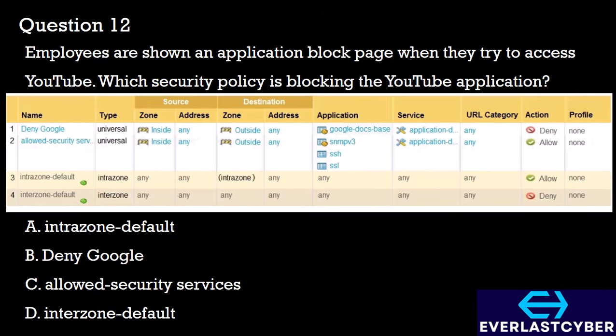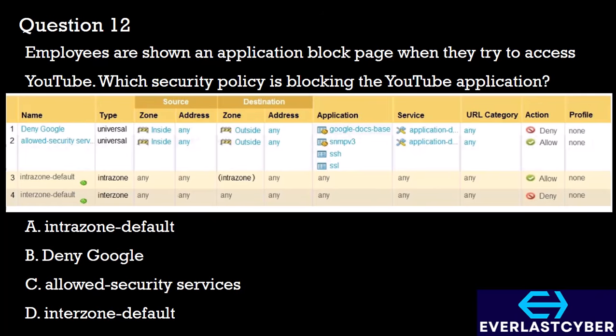If we look at the screenshots of the Palo Alto Networks firewall that we have here, we will see that the Interzone default applies here. It is a predefined security rule in Palo Alto Networks firewalls that blocks all traffic between different zones.